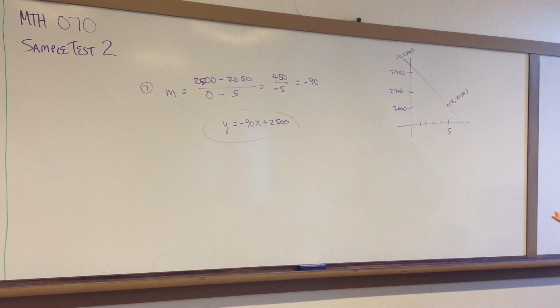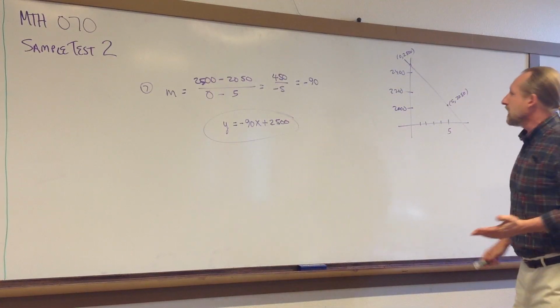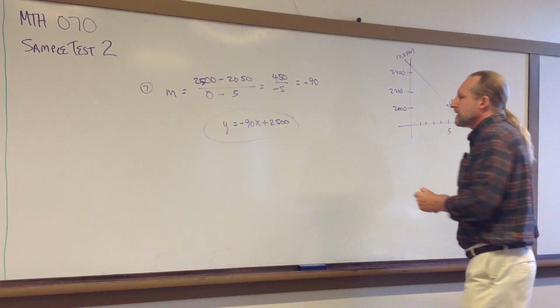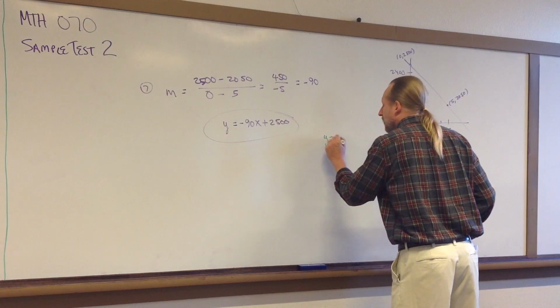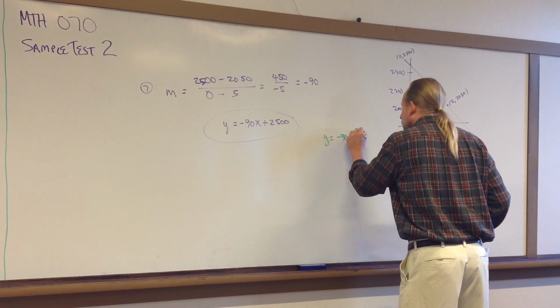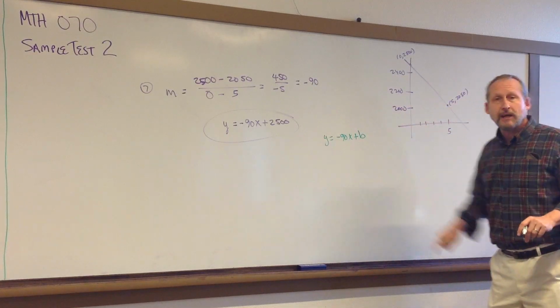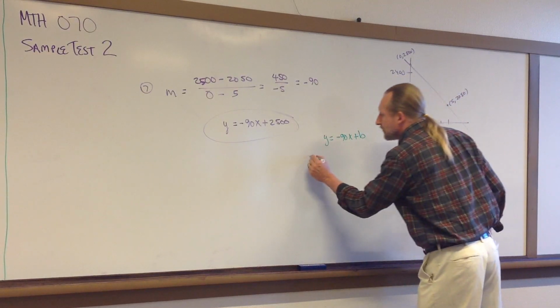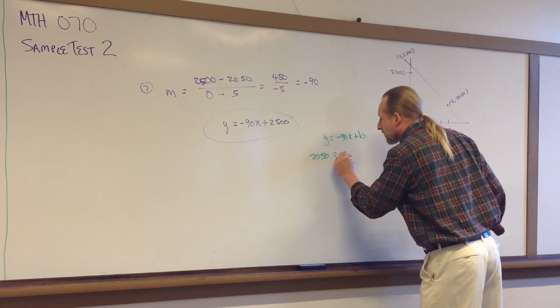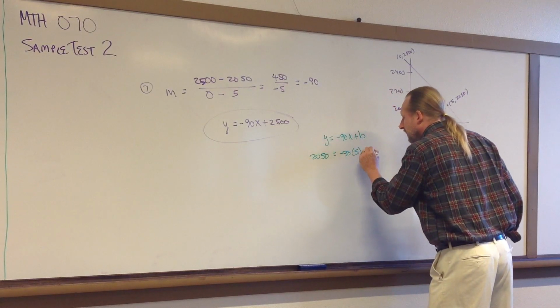Well, what if you don't recognize that? Well, then we can use that same process that we did in the other problems. So negative 90x plus b. Let's say we plug in this point for the x and y values. So the y is 2050. The x is 5.